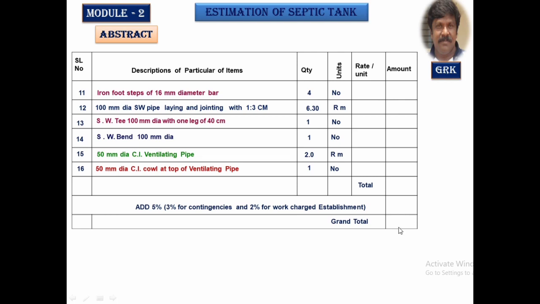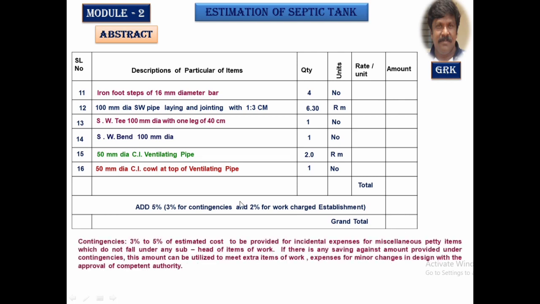And let us try to understand what is meant by contingency. Normally an amount of 3 to 5% will be kept as a reserve amount, which is to meet the incidental unexpected expenses that you're going to come across while carrying out the work, which are not defined under any headings or subheadings of the particular items of work you are going to calculate.